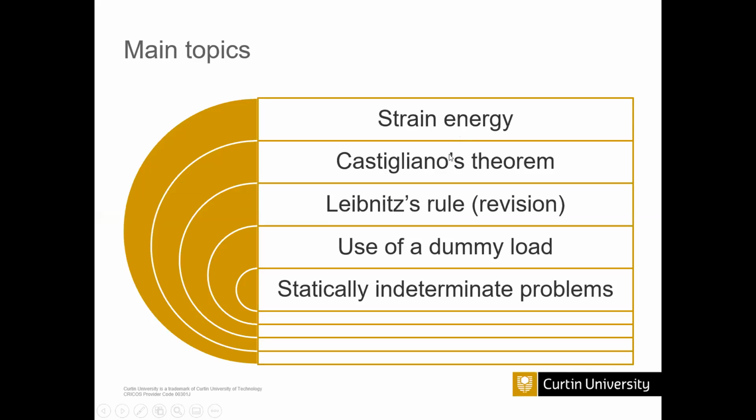Strain energy is normally labeled as U. Just as you remember: U equals sigma squared over 2E. Sigma squared over 2E. Yes, so that is the strain energy equation.